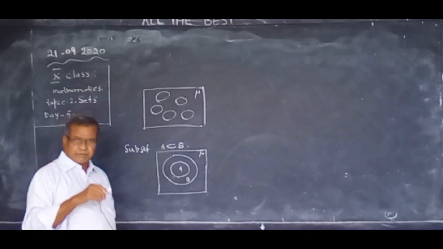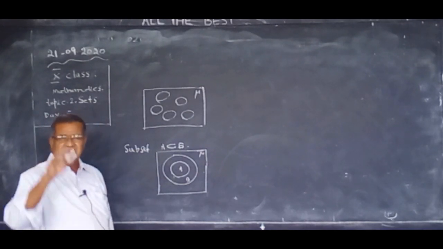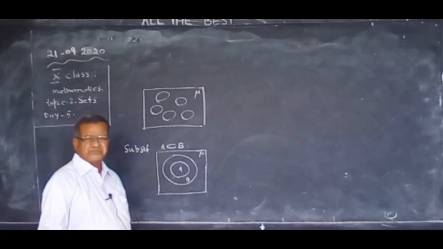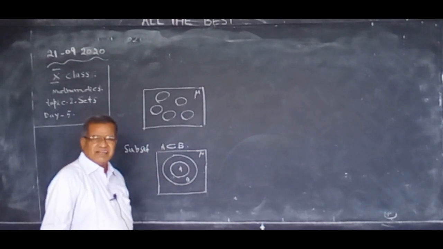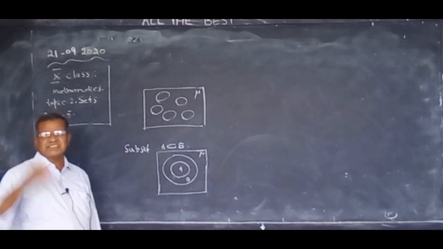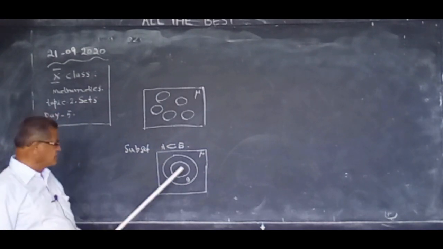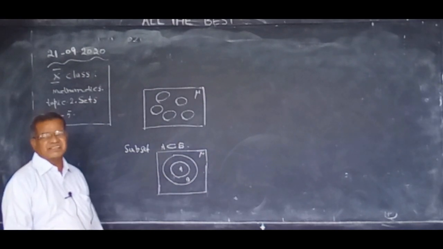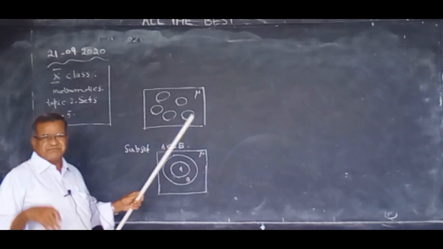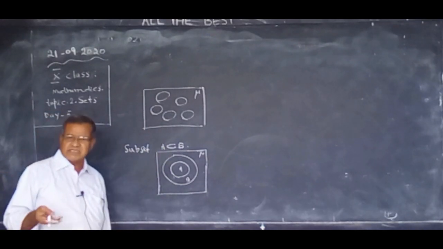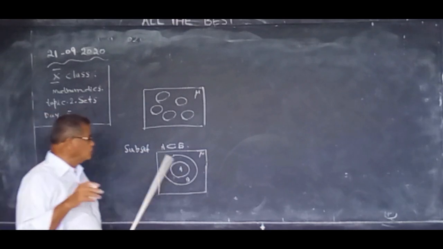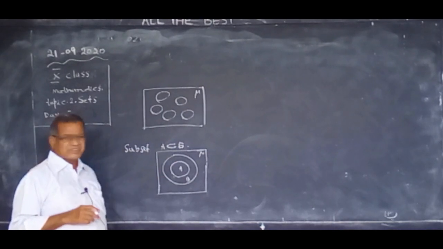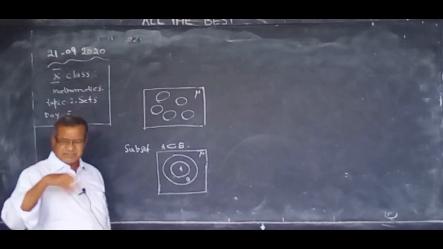Again, the people of Telangana state are also in the country India. We are all Indians. And again, India is in the Asian continent. Again, the Asian continent is in the universe, the world. These are all subsets. The universal set is the world, and these are all branches, subsets.